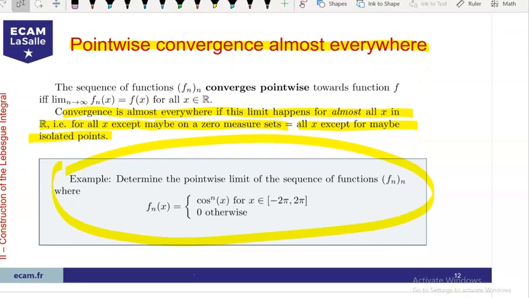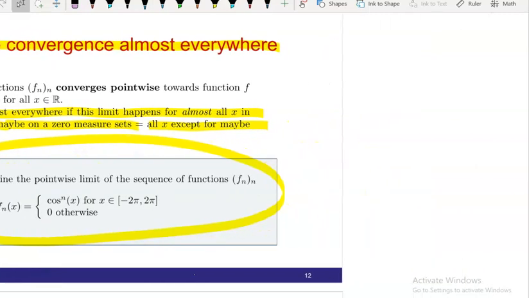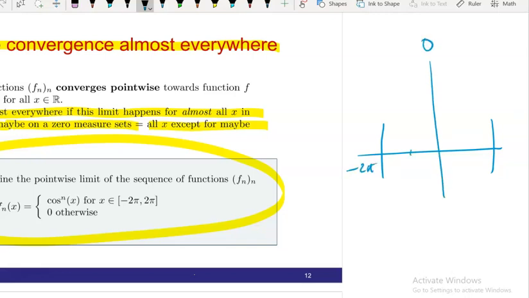So we've got a function defined by: outside of negative 2 pi and 2 pi, it's going to be equal to 0. And in between negative 2 pi and 2 pi, it's going to be equal to cosine of x. Maybe we can have a look at that. So let's say that's 0, that's negative 2 pi, so that's negative pi, that's 2 pi.